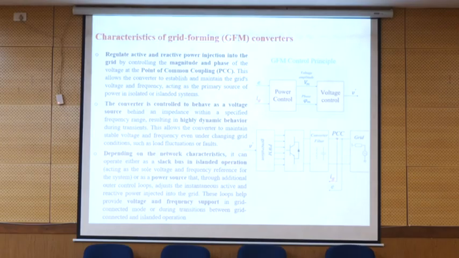This is also the other part. We consider the active and reactive power injection by controlling the voltage and phasor amplitude at the point of common coupling. The reason for this grid forming technology, which we consider based on the grid, does anybody know?